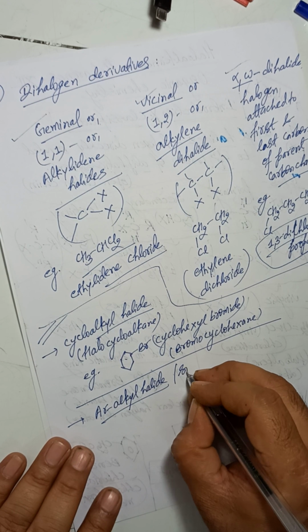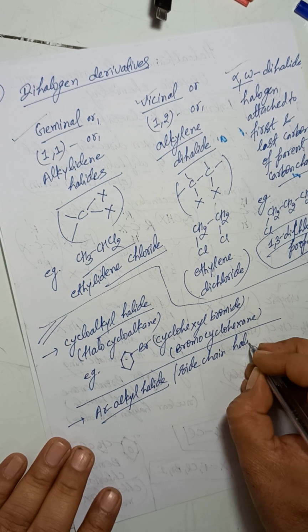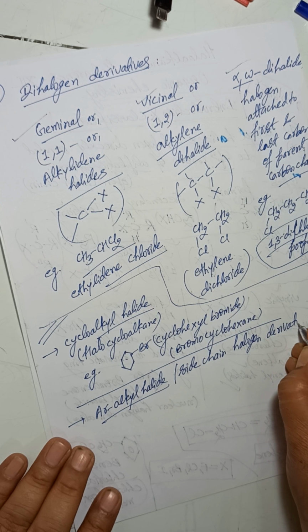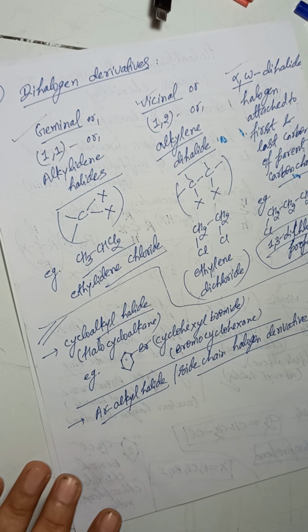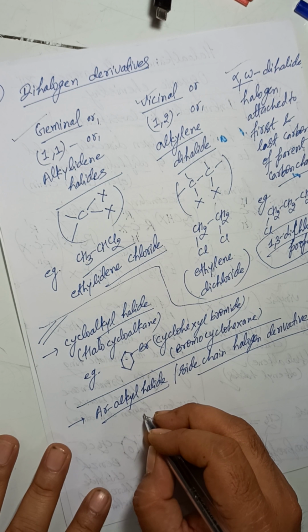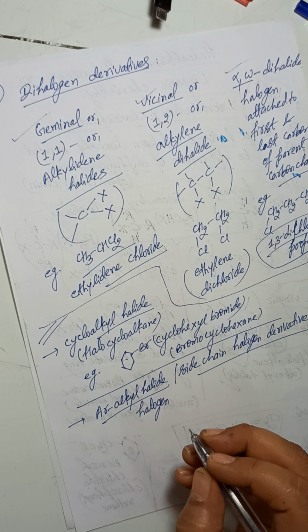This is also called a side chain halogen derivative. Here the halogen is indirectly attached to the aromatic ring.